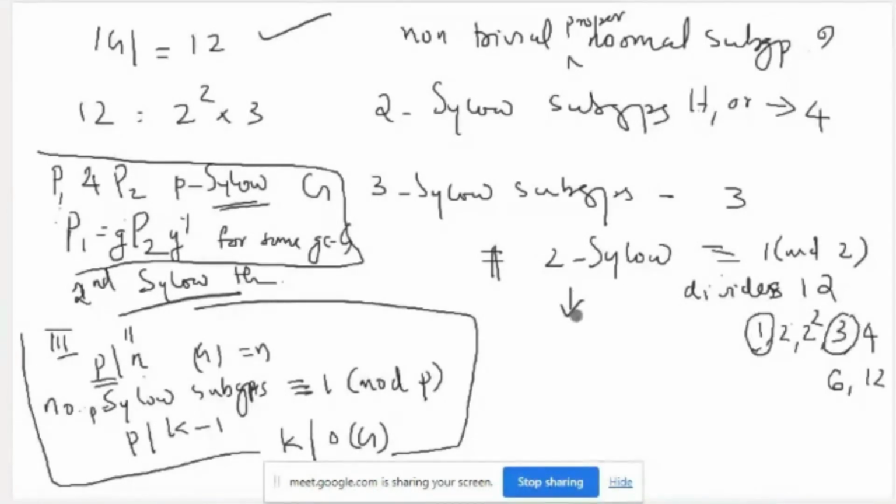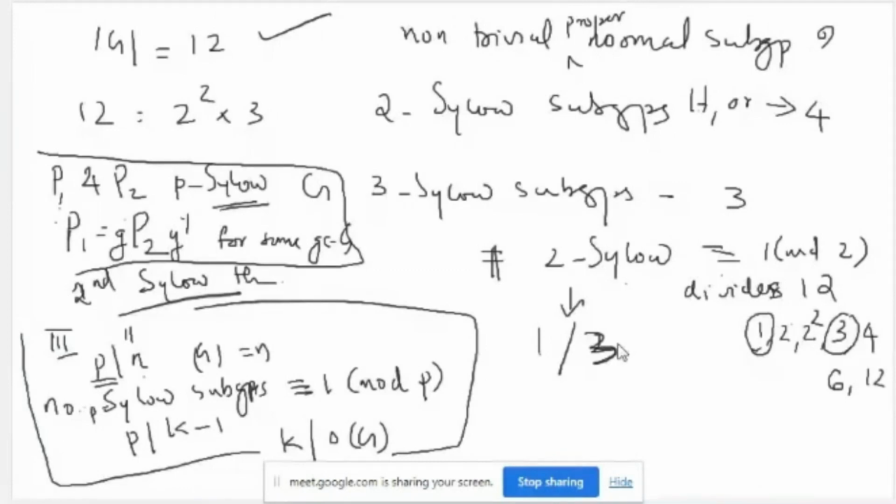So the number of Sylow 2 subgroups is either 1 or 3. That means either 1 or 3 subgroups of order 4 are there.